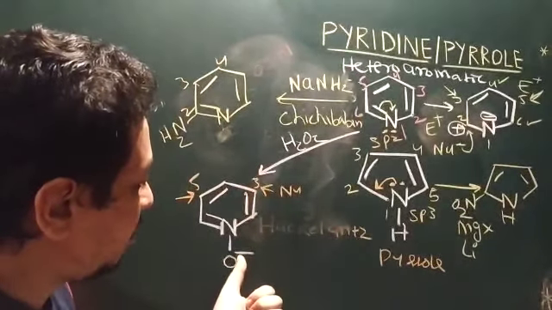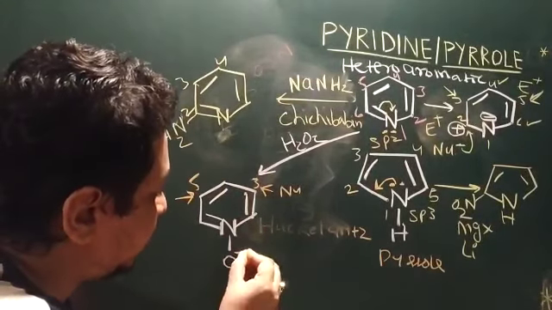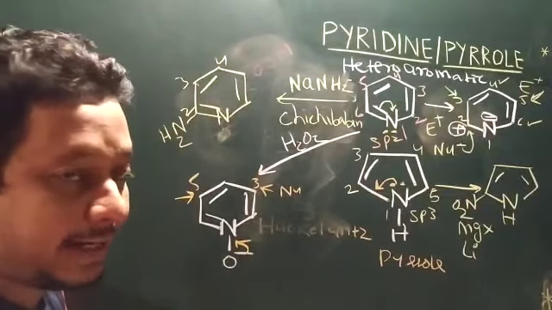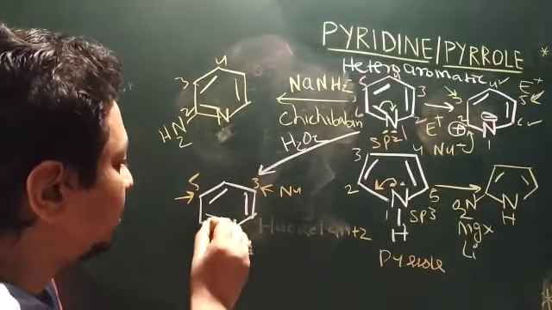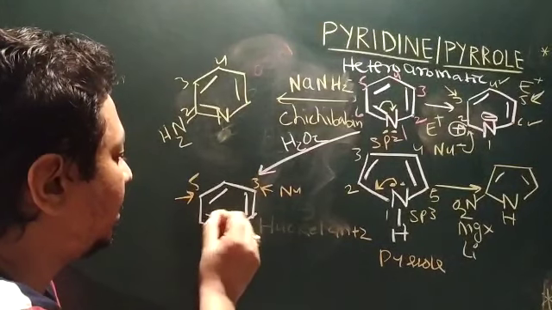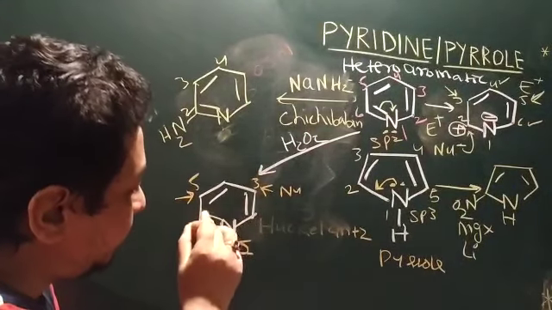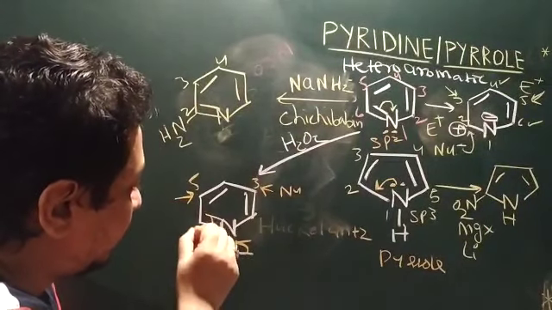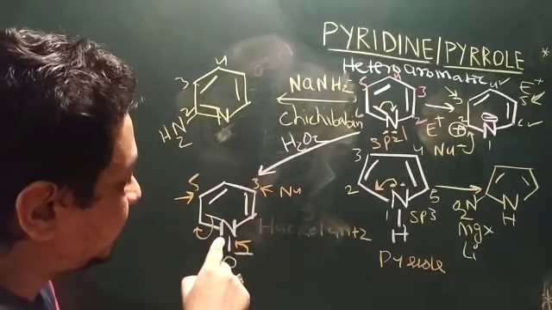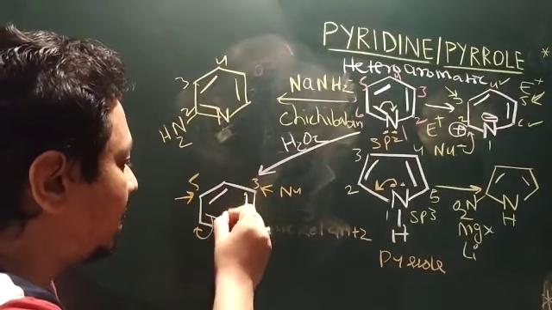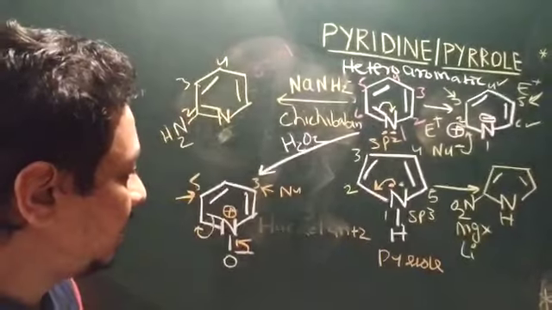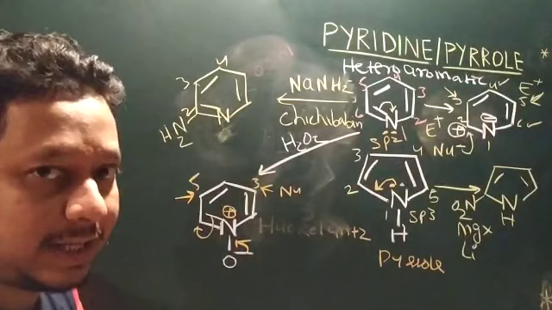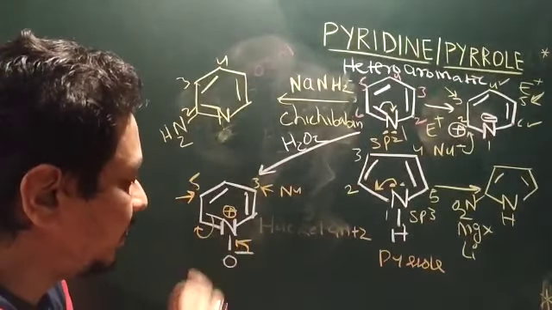Why? Because now over here the nitrogen is getting the electron from the oxygen, so it will not be pulling this pi electron towards itself. So the very important fact is that this nitrogen is no longer an electron-pulling sp2 nitrogen, because oxygen is giving the pi electron.